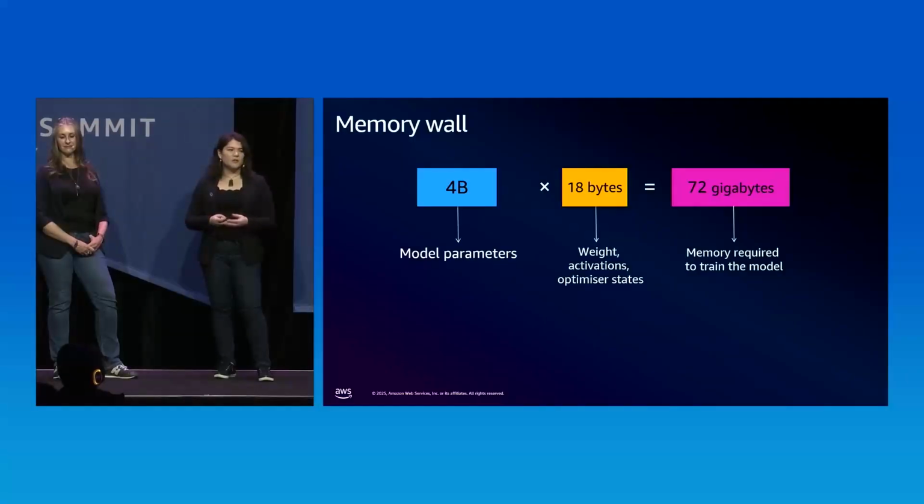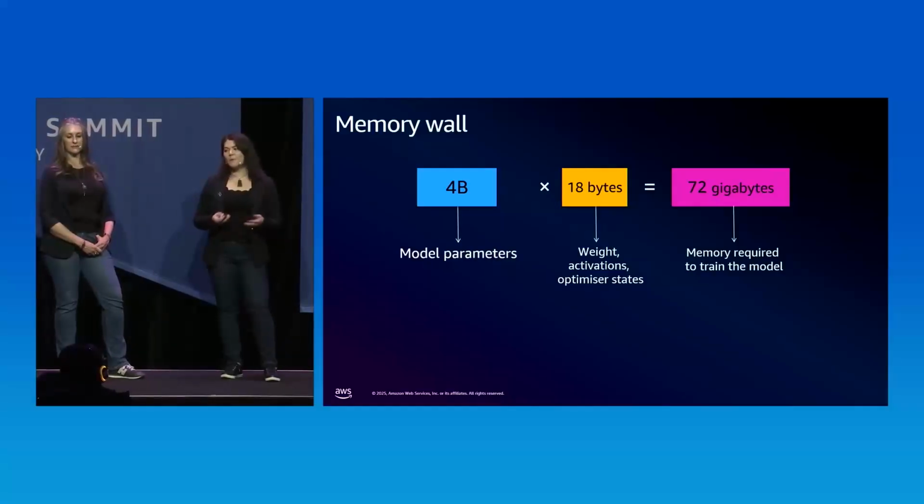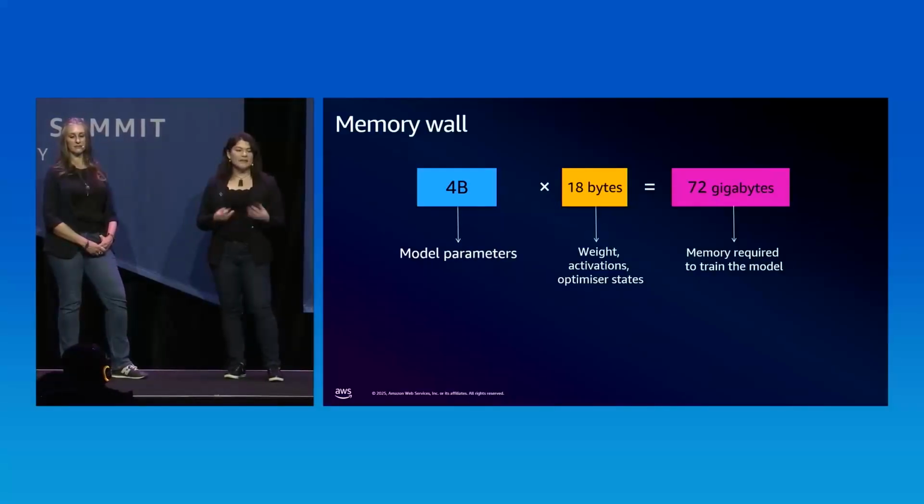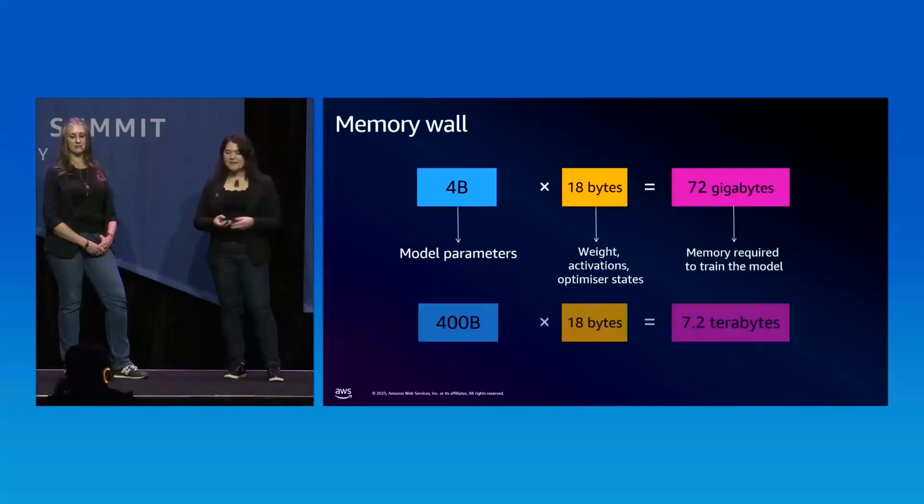When you factor in additional requirements for memory, things like storing weight activations and optimizer states, you can train a 4 billion parameter model on a single H100 NVIDIA GPU without too much fuss. It's all good. However, if you want to go big and build a 400 billion parameter model, even just to hold that model in memory, let alone train it, we need just over 12 P5 instances, which have a combined total of 100 H100 NVIDIA GPUs.